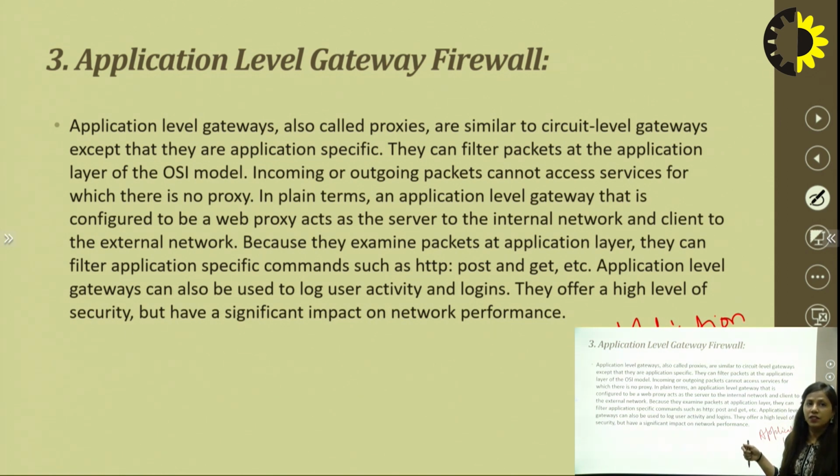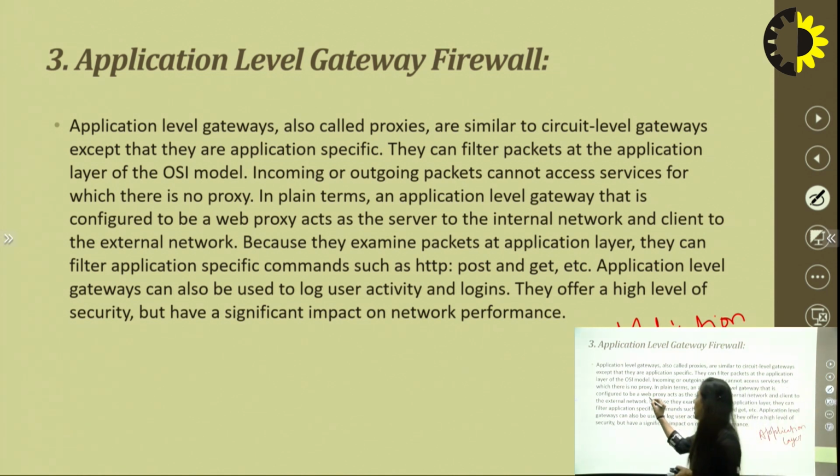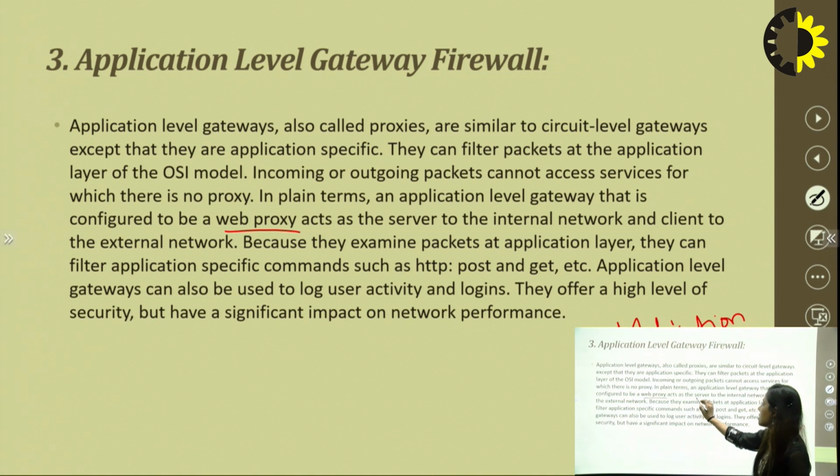So these are the different application level gateways that will be configured through the web proxy, which will act as the server to the internal network. Means which internal network will access that particular data, and through which external network will get that data, it will be examined over here. Okay, so these are the different points which can be worked over the application level gateway firewall.